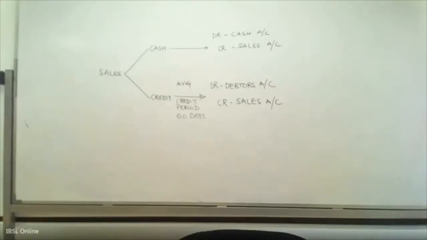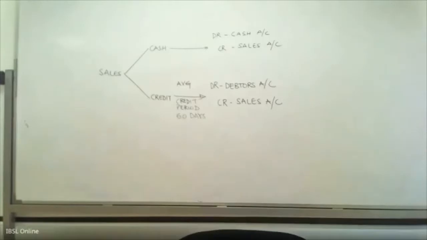So you can think that within another 30 days this customer would pay, but apparently on the 31st day this customer has passed away. And now you know that this money that was to be paid to you by the debtor is not going to be paid.